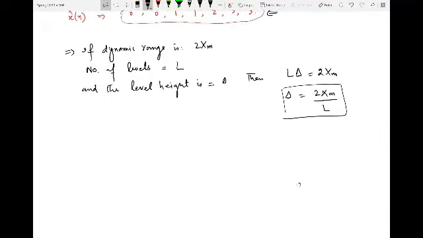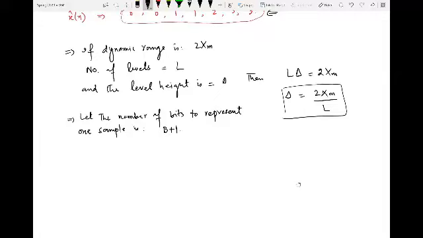And what is the relationship between them? Let the number of bits to represent one sample be b plus 1, then the number of levels will be equal to 2 raised to power b plus 1.